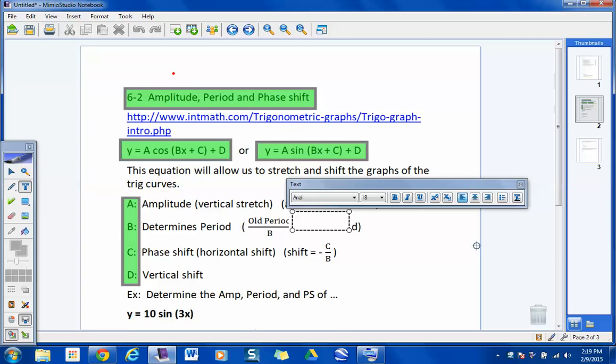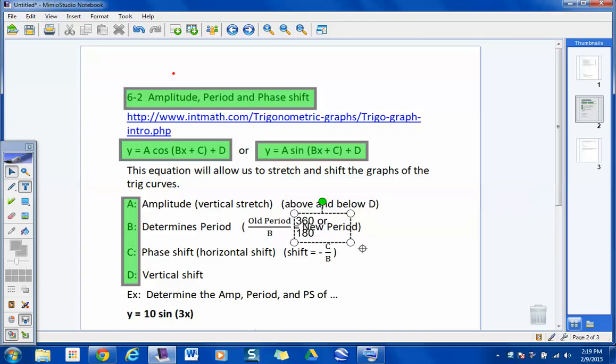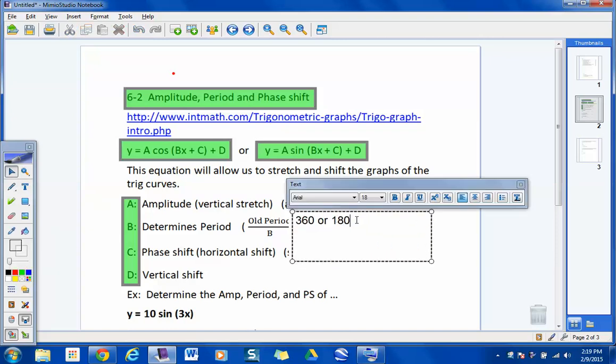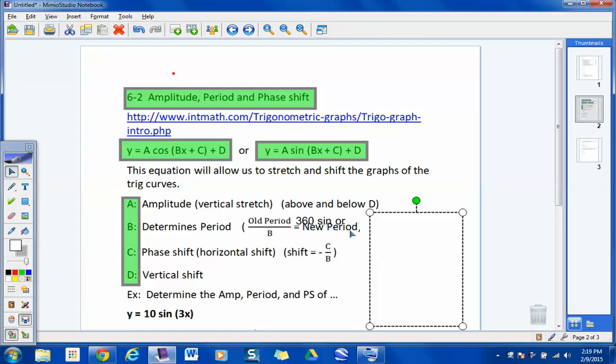Typically it's 360 or 180. You might want to write it down this way: 360 for sine or cosine, or 180 for your tangent functions. Okay. So you might want to write that down there.